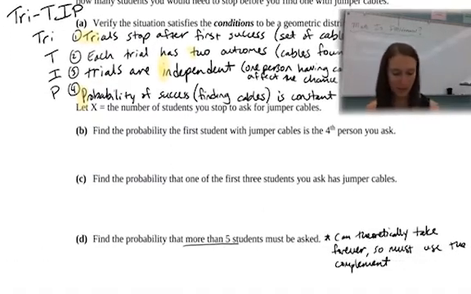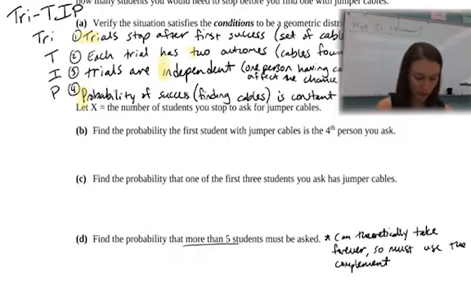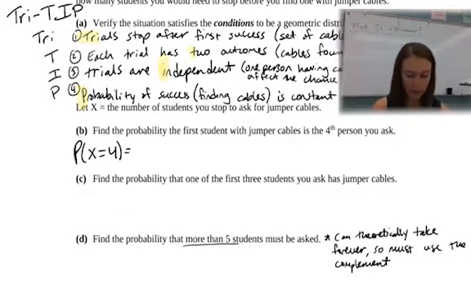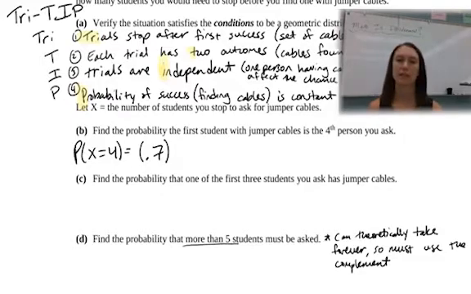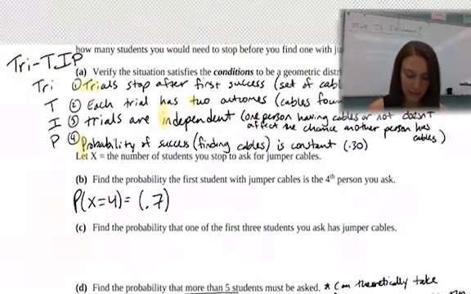So X is the number of students you stop to ask for jumper cables. Find the probability that the first student with cables is the 4th person you ask. So the probability that X equals 4. Well, that means the first person I ask doesn't have cables, which is a 0.7 chance. These are independent trials, so that's not going to affect the next person.